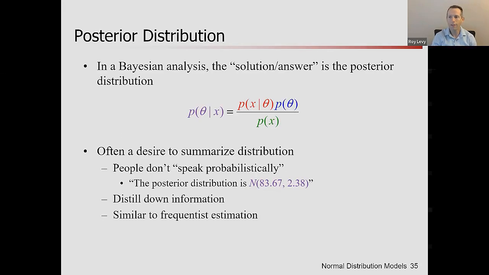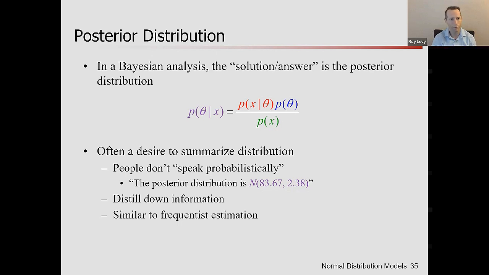Nevertheless, we often have a desire to summarize or distill down the information in the posterior distribution for a variety of reasons. Most people we work with don't speak probabilistically. If I go to most of my colleagues and say, I did the analysis, and my answer is a normal distribution with mean 83.67 and variance 2.38, they're not going to know what that means.